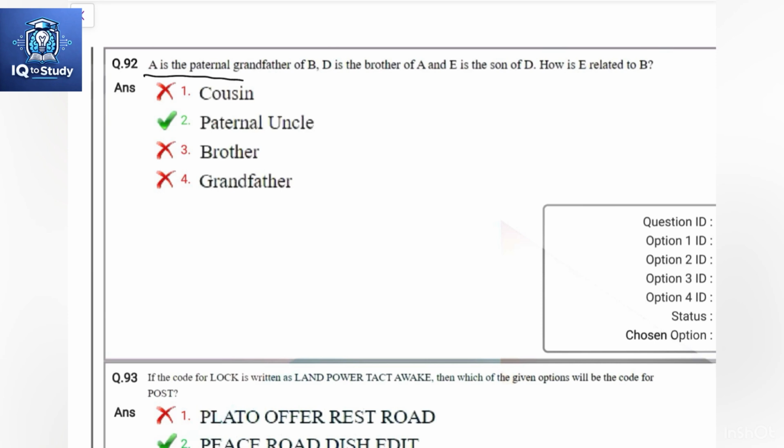A is paternal grandfather of B, D is the brother of A, and E is the son of D. How is E related to B?